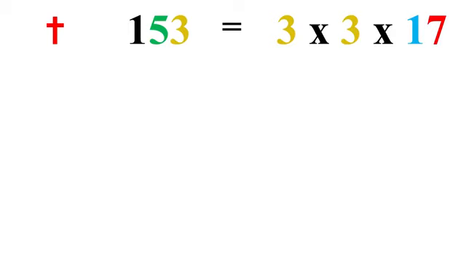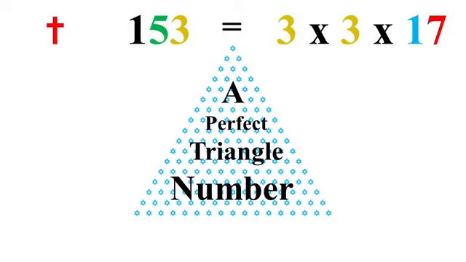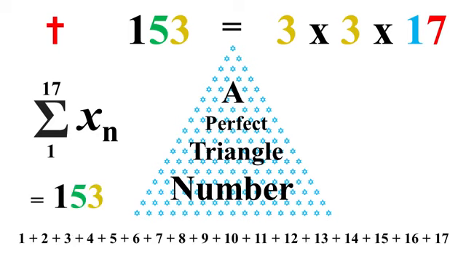153 is also a perfect triangle number. Very nice. Okay, pointing to complex unity. If you put in this little math formula, the summation of 1 to 17, meaning if you add 1 plus 2 plus 3 plus 4 all the way up to 17, you will get 153. Okay, that's nice.